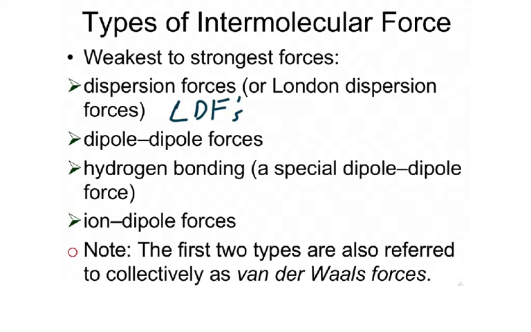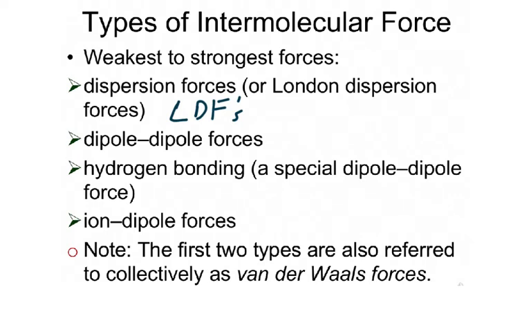The second one is known as a dipole-dipole force. It's a little stronger, and this is the one you will find between polar molecules. And then we have a special dipole-dipole force that is stronger than your ordinary one, known as a hydrogen bond. So that's the third type of intermolecular force. And then the strongest of the 4 is known as an ion-dipole force, between a polar molecule and an ion.